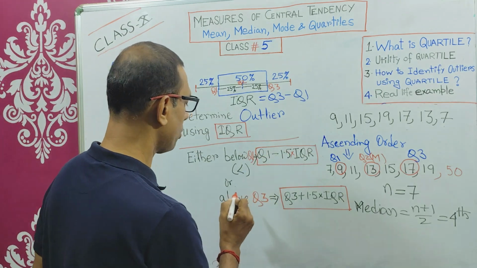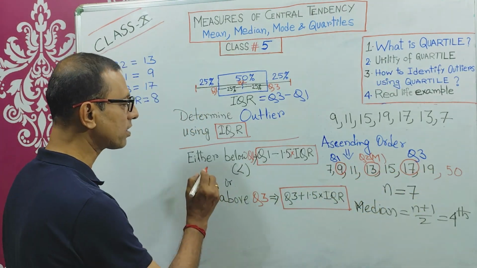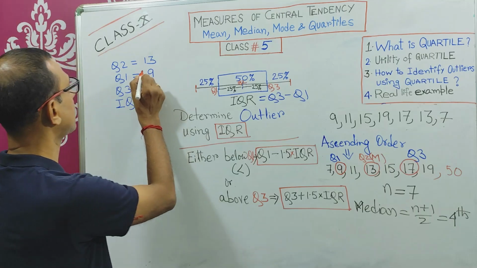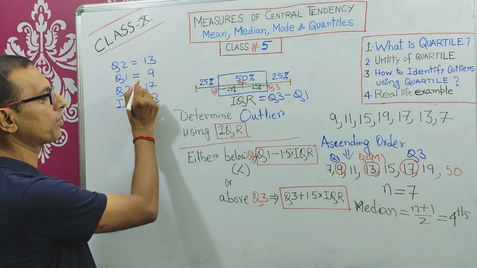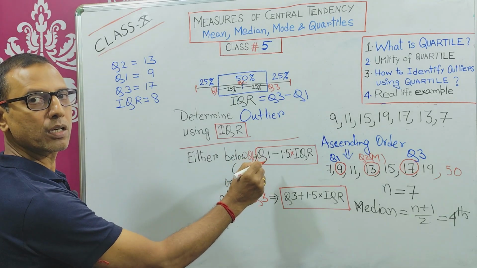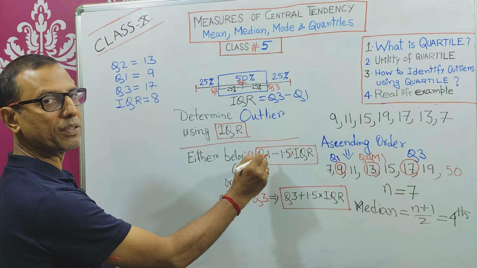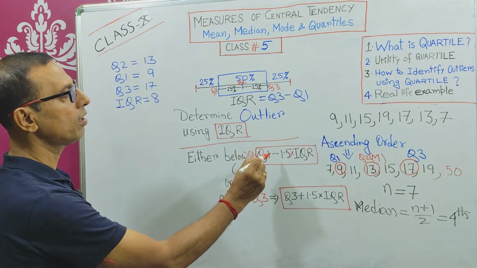So first, based on the Q1, Q3 and IQR values, understand the limiting factor or boundary for the outlier.